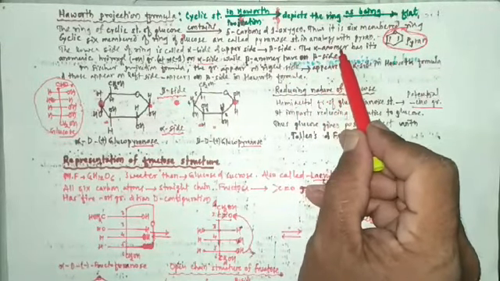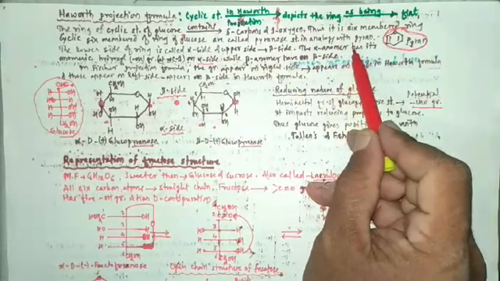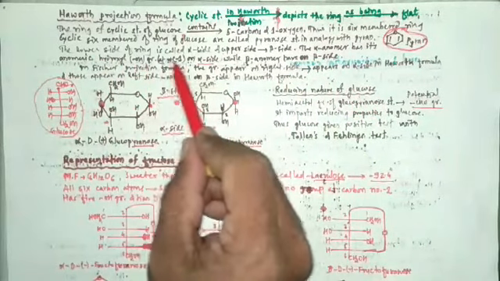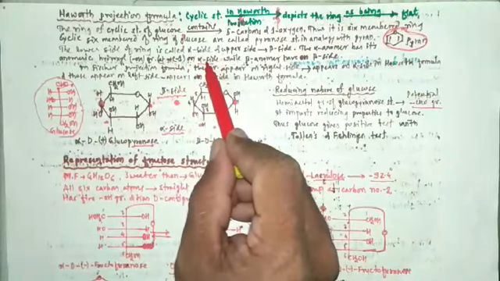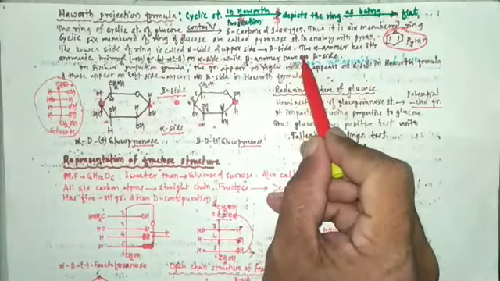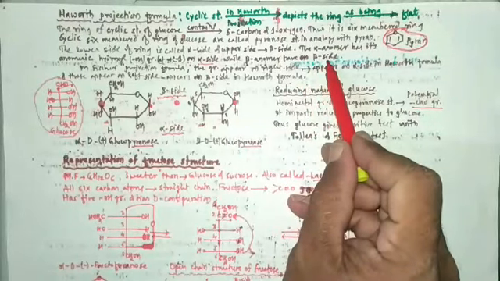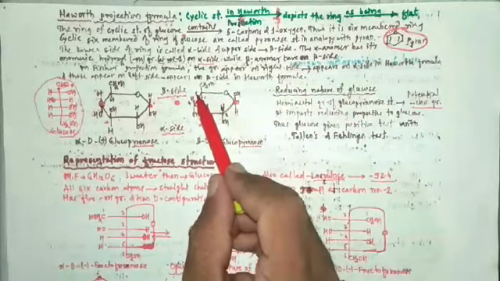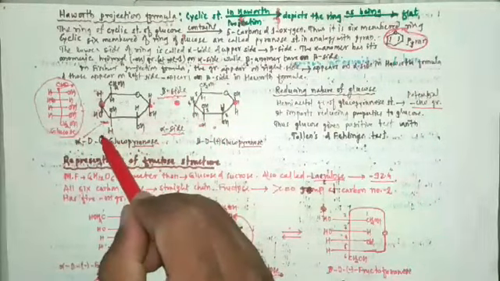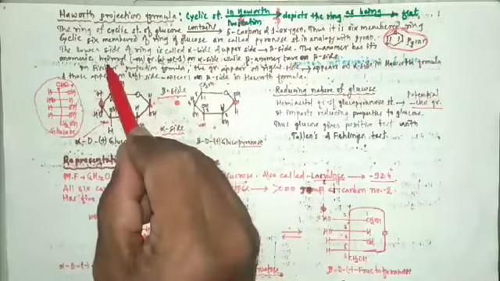The alpha anomer has its anomeric hydroxyl group at C1 on the alpha side, while the beta anomer has it on the beta side. See here, this is the alpha anomer of glucose.